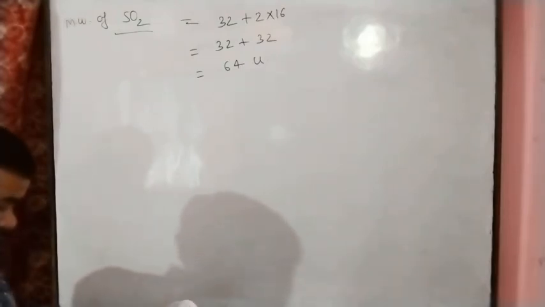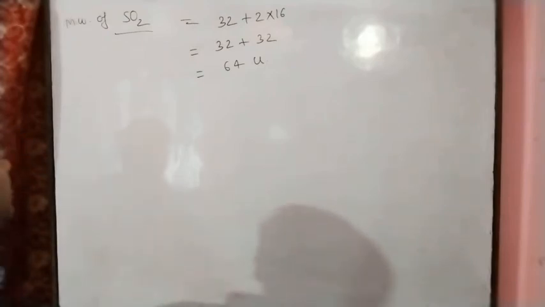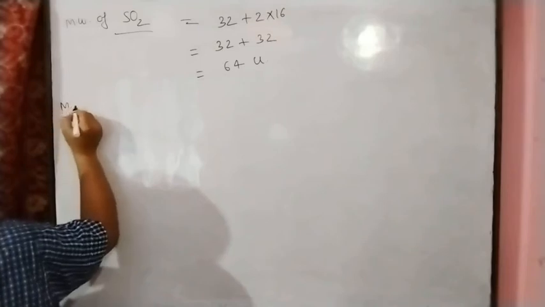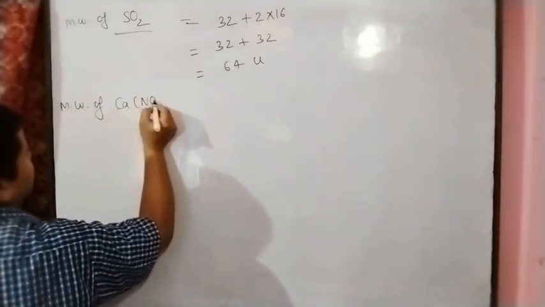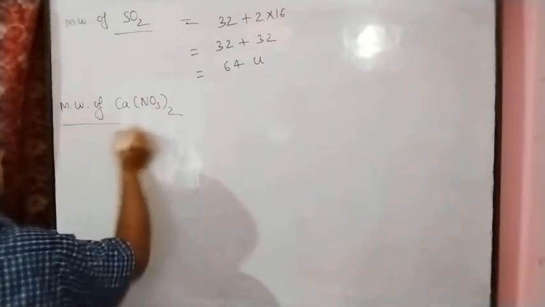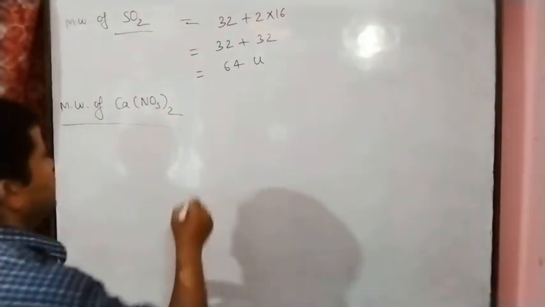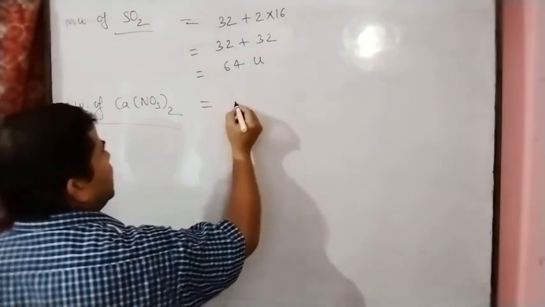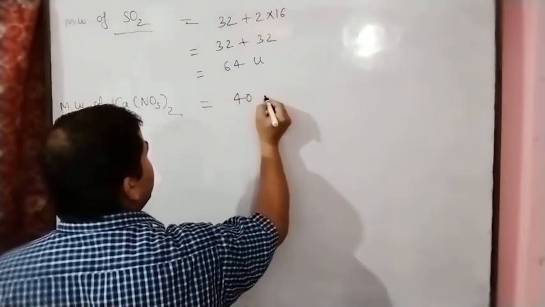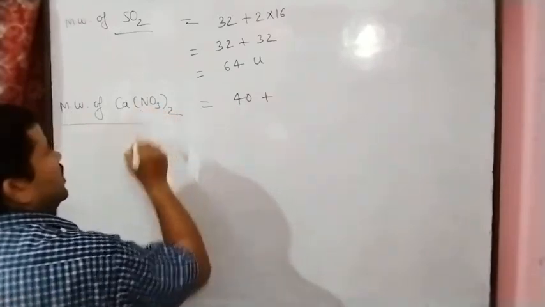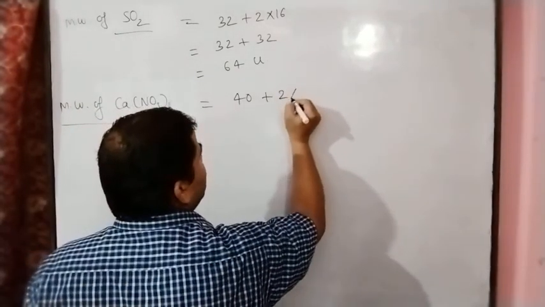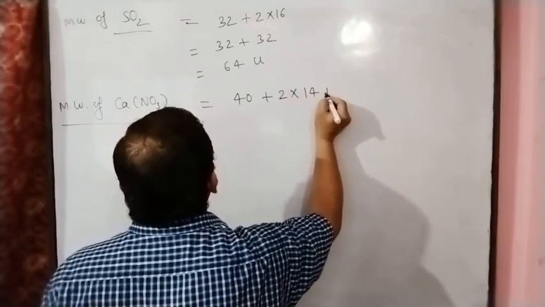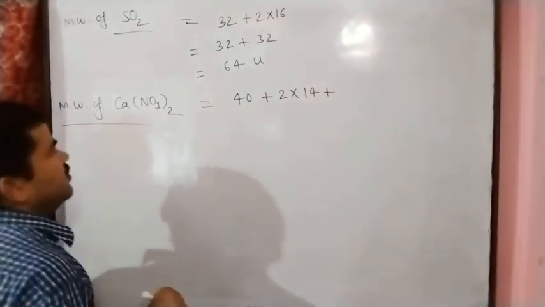Next, see the example: calcium nitrate is given here. Molecular weight of calcium nitrate. One atom of calcium here, so mass will be 40, and nitrogen here 2 atoms of nitrogen, so 2 into 14, and then oxygen 6.